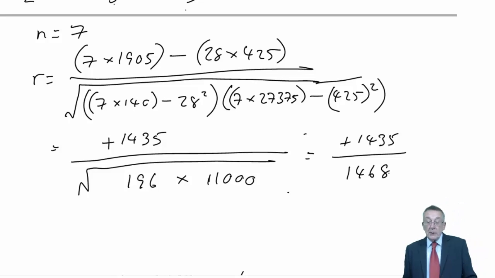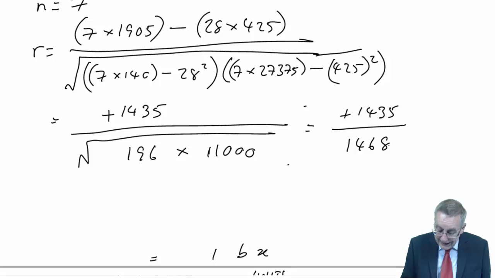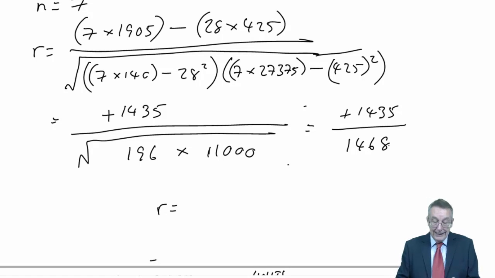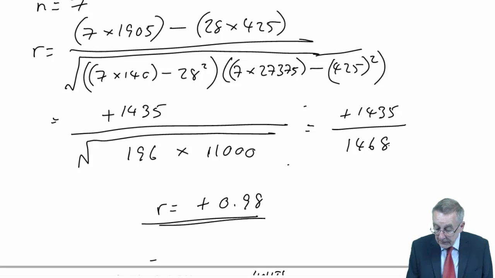And before anybody shouts, I know when you take a square root it can be plus or minus, but here the square root bit we always treat as being positive. So it's plus 1435 over 1468, and therefore R is plus point, if I keep to 2 decimal places, 98.